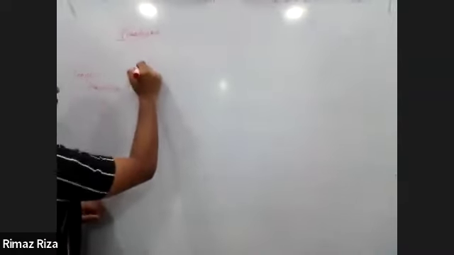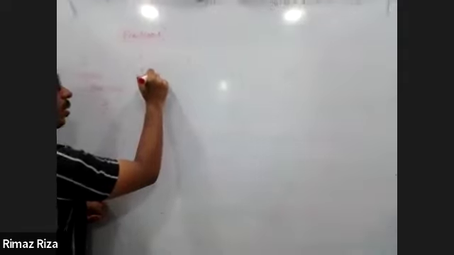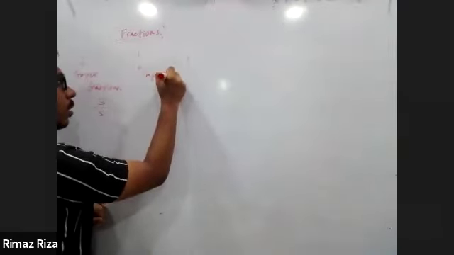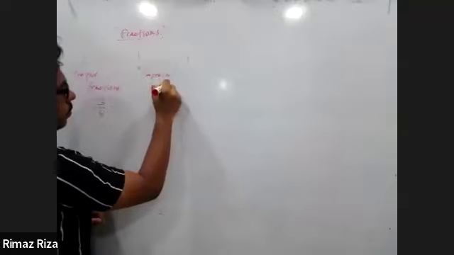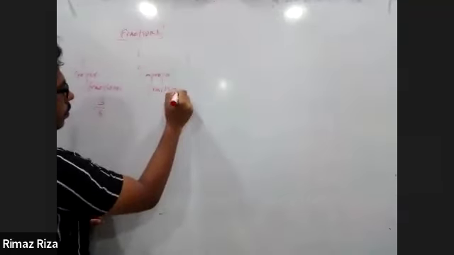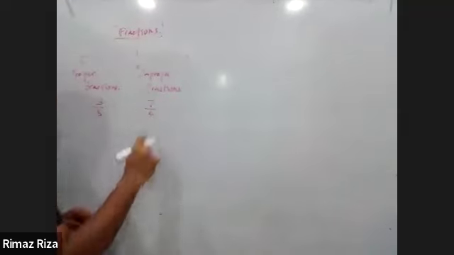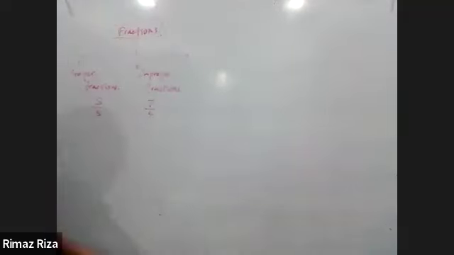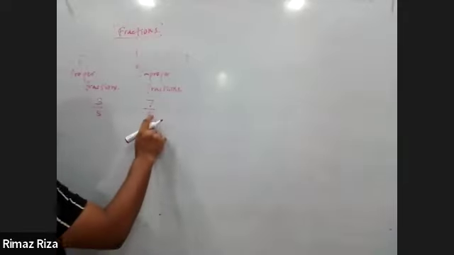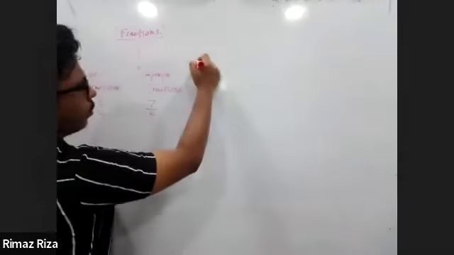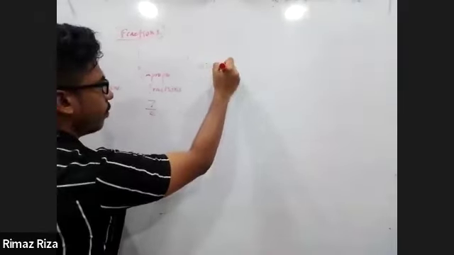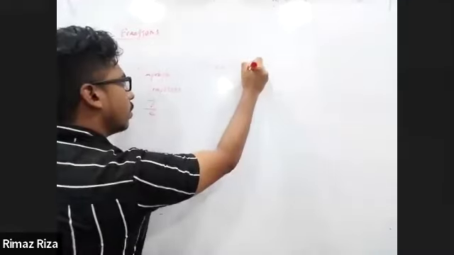And improper fractions. For example, 7/4. In an improper fraction, the numerator is bigger than the denominator. And also we have mixed numbers.